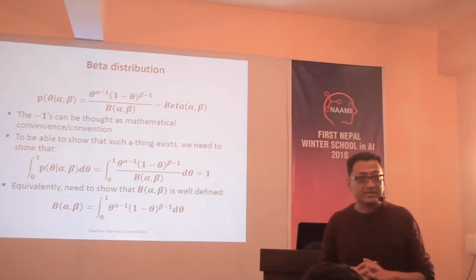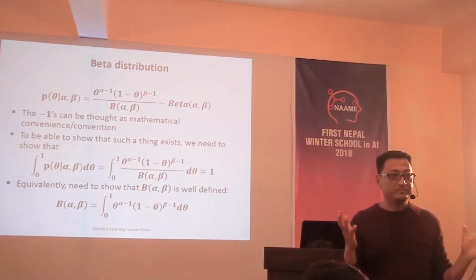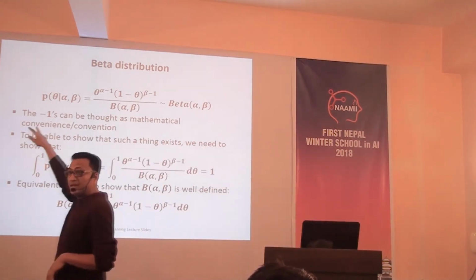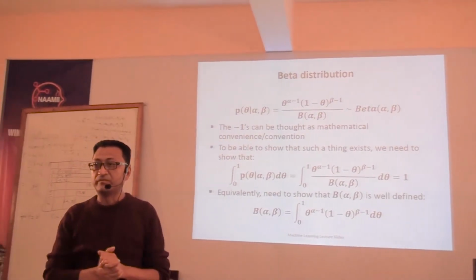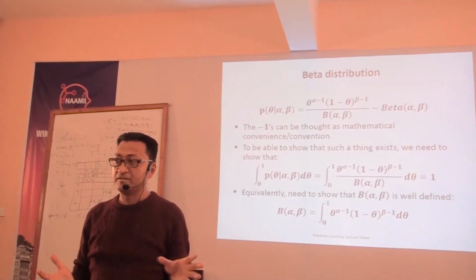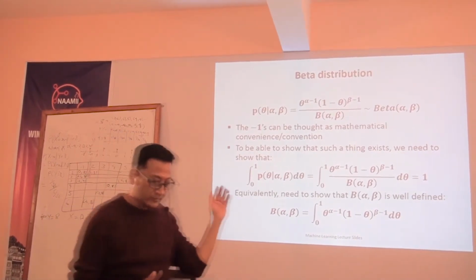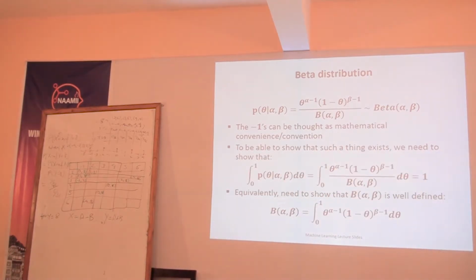The idea is that if I want to invent a new distribution, I think of some shape, which is given here by this numerator, and I divide by some constant. Then I figure out if that could be a probability distribution. For this to be a probability distribution, the integration, the area under the curve, has to add up to 1.